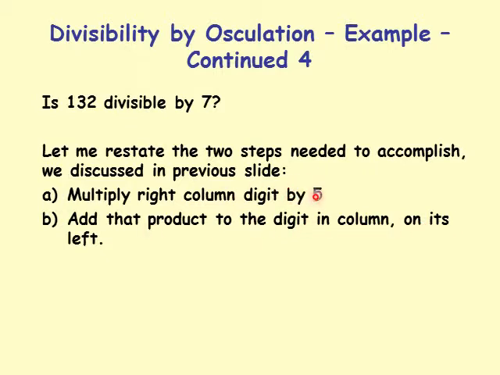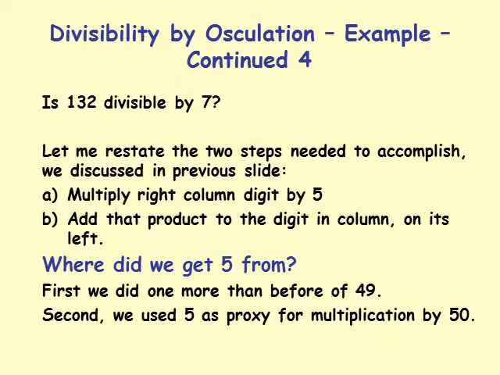So we multiply the right column by 5 and add that to the column on the left. Where did 5 come from? We got the 5 from 49, which is one more than 49, that is 50. Then we use 5 as a proxy for multiplication.